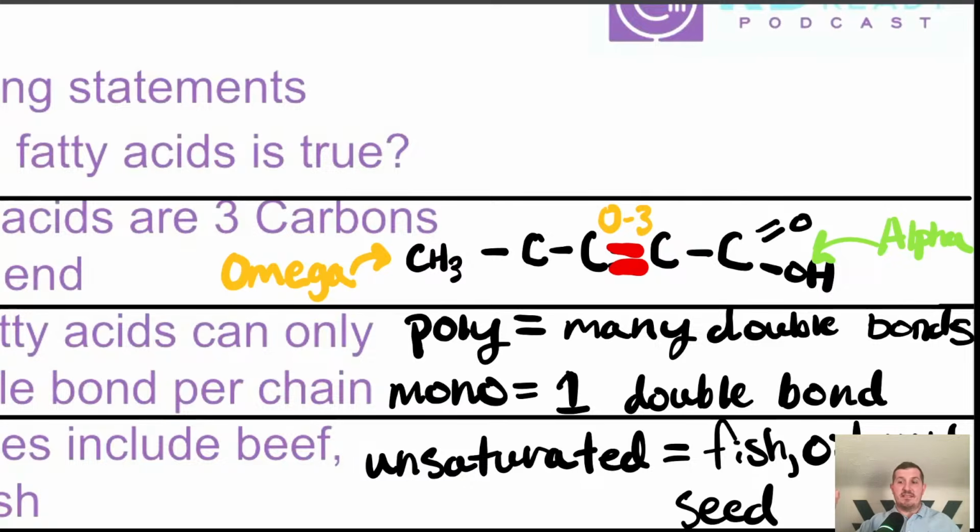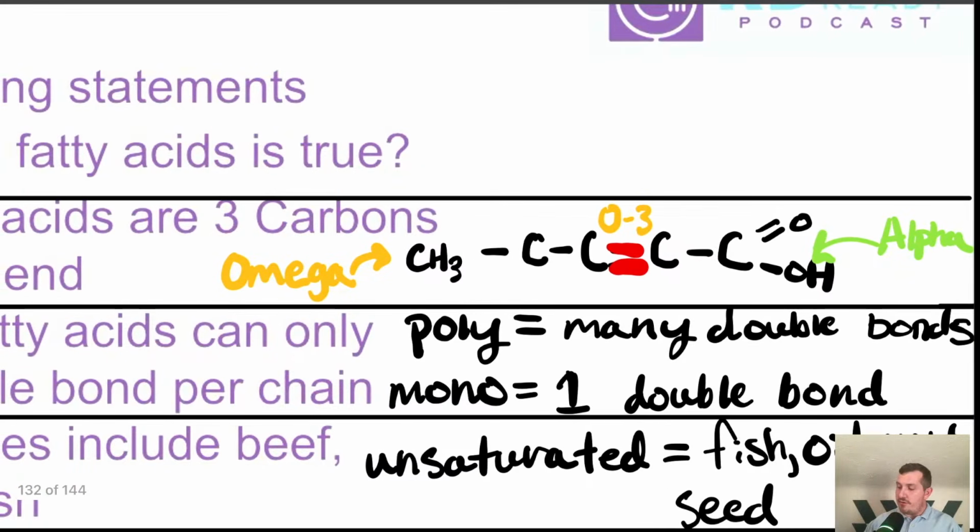That is what makes it an omega-3. The double bond is 3 carbons from the omega end, okay? And what's helpful is we only really talk about omega-3s, omega-6s. We don't really do alpha-3s or alpha-6s. You could if you wanted to, but you won't need to for the exam, okay?